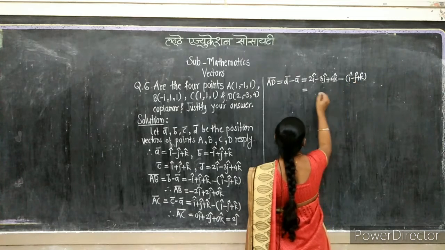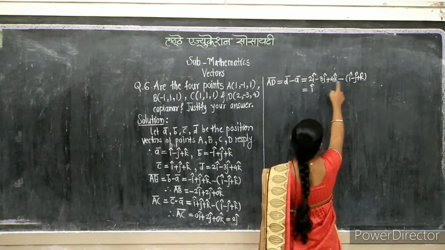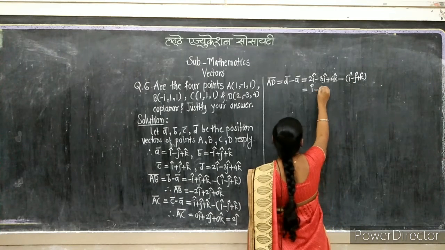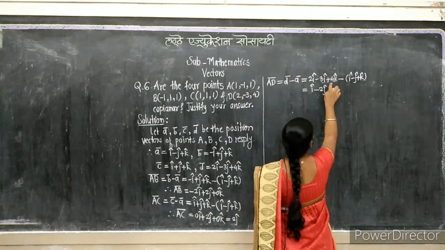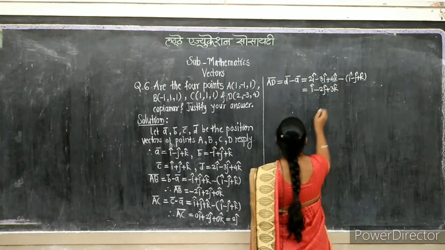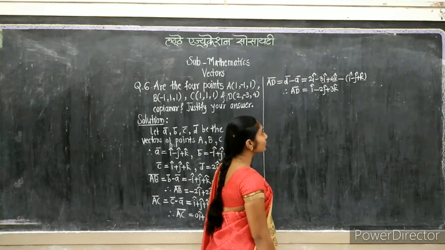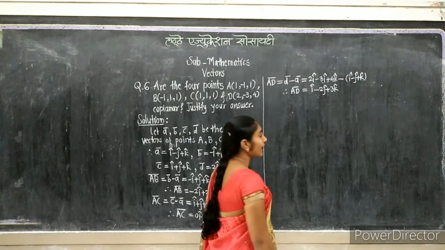That is 2 minus 1, 1 i cap, minus 3 plus 1, that is minus 2 j cap, and 4 minus 1, 3 k cap. AD bar is equal to i cap minus 2 j cap plus 3 k cap.